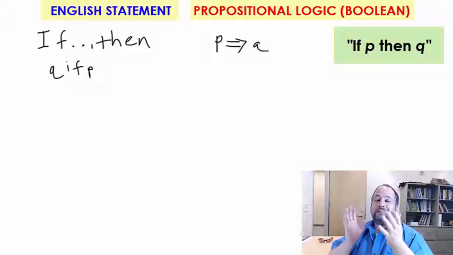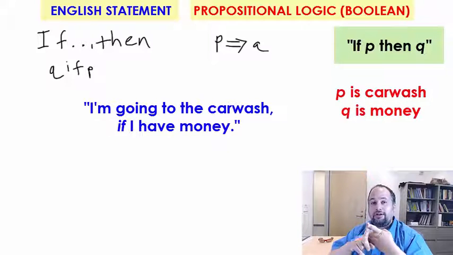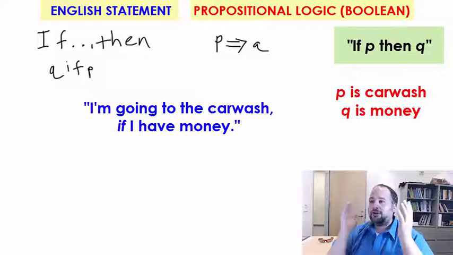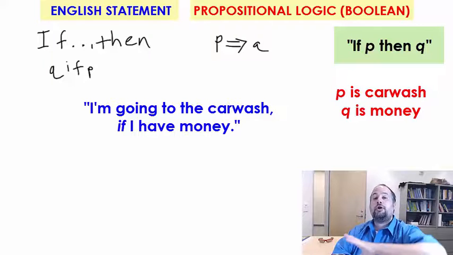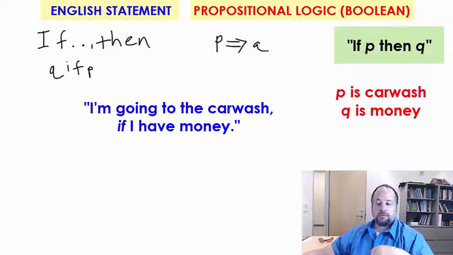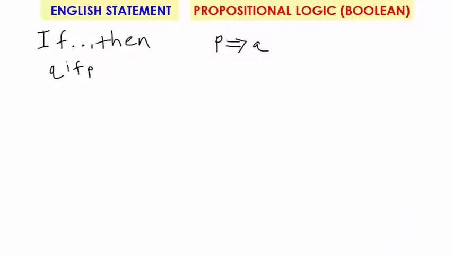We say, I'm going to go to the car wash if I have money. We don't say, if I have money, then I will go to the car wash. So Q if P is another form of really the same statement. So be aware of that. That one's pretty straightforward.